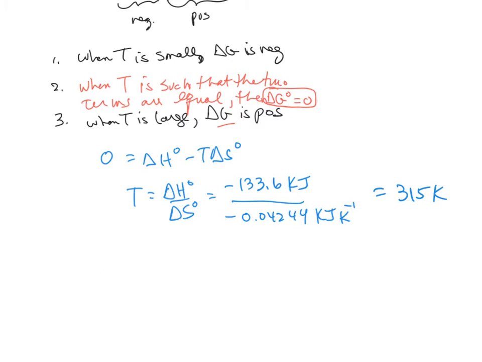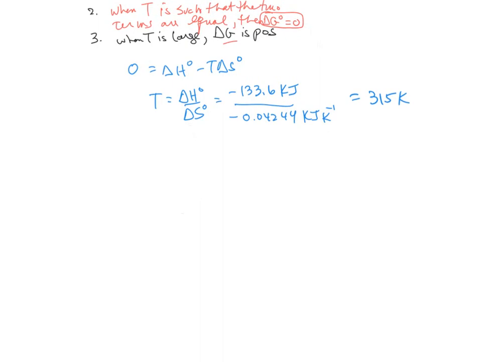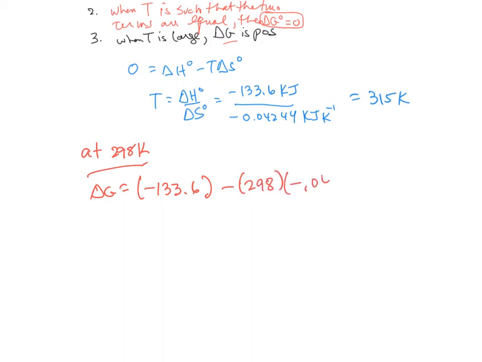All right, so just to continue this a little bit more, it's kind of an interesting thing here. At 298 Kelvin, delta G is equal to negative 133.6, I'll leave out the units here, minus 298 times negative 0.04244, and that is equal to negative 7.1 kilojoules, which we've been looking at.